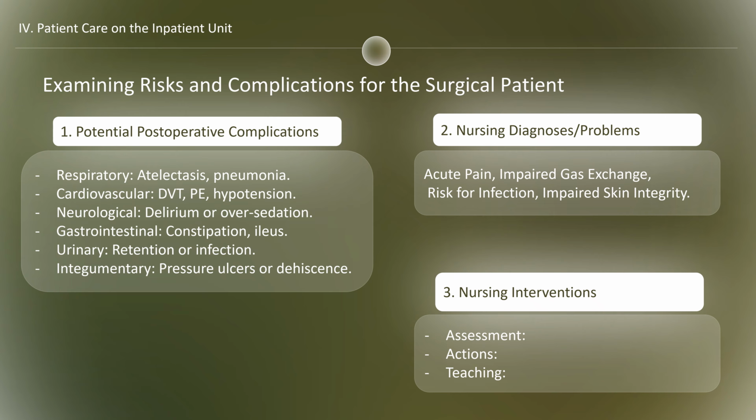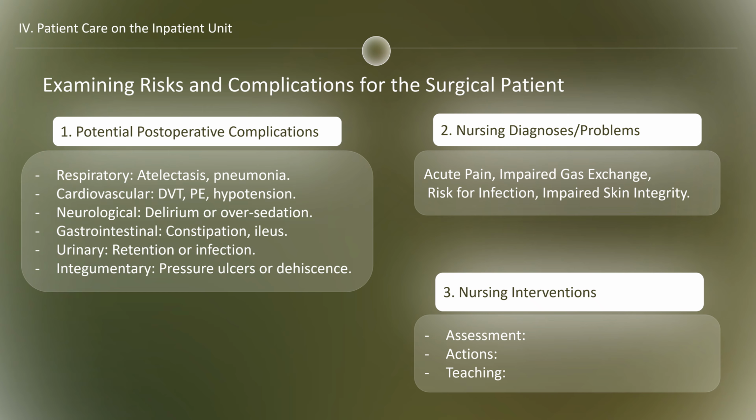So potential post-operative complications, we have the respiratory. An example, encourage use of incentive spirometer and ambulation. Then we have the cardiovascular, again, the DVT and the hypotension.